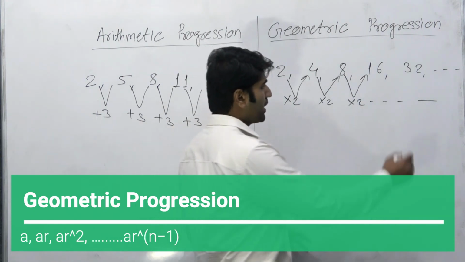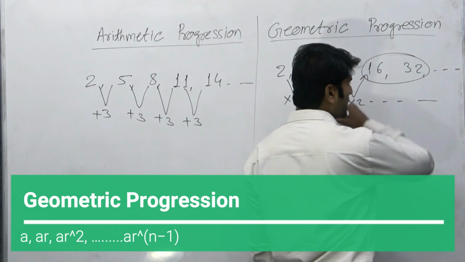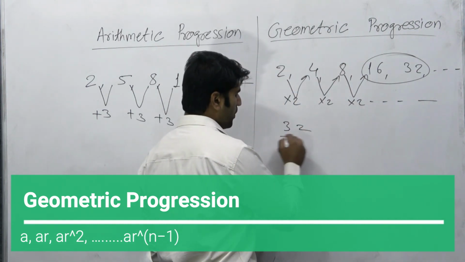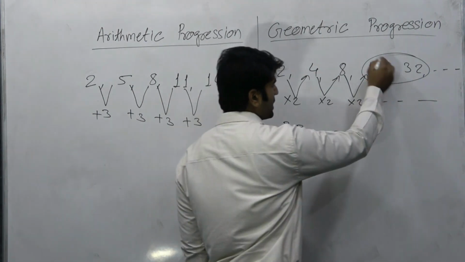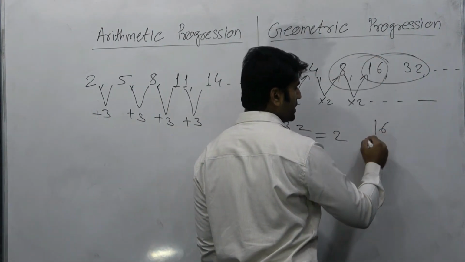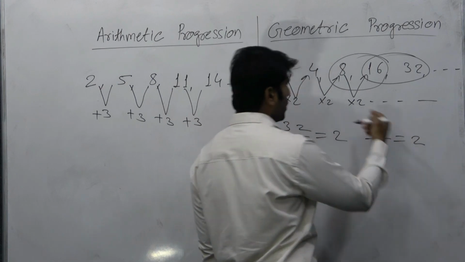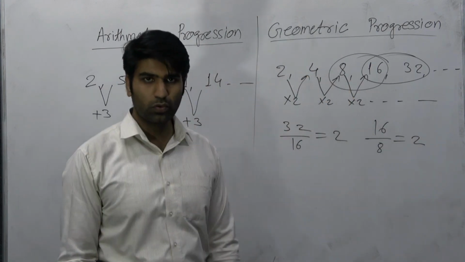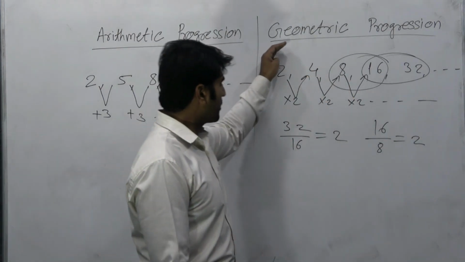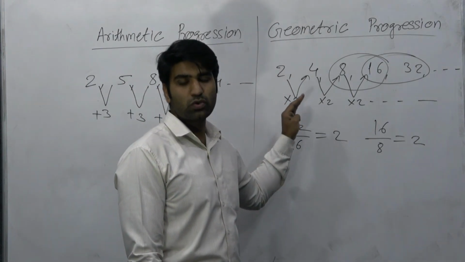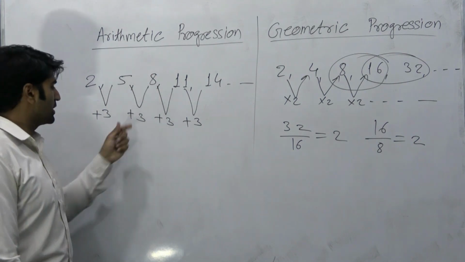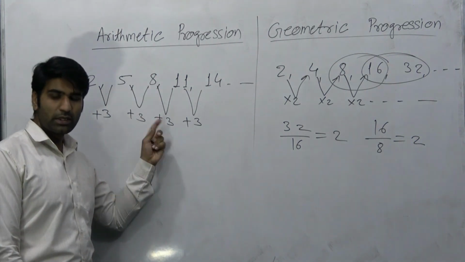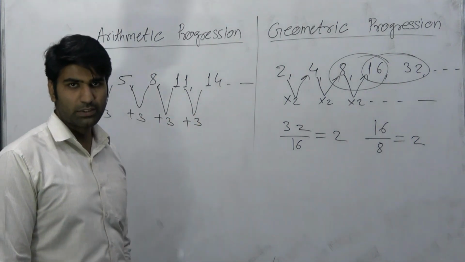So if we take the ratio between any two consecutive numbers, 32 upon 16 is equal to 2, or 16 upon 8 is equal to 2, or 8 upon 4 is equal to 2. So in the geometric progression there is a ratio which is constant throughout the series, and in arithmetic progression the difference is constant throughout the series.